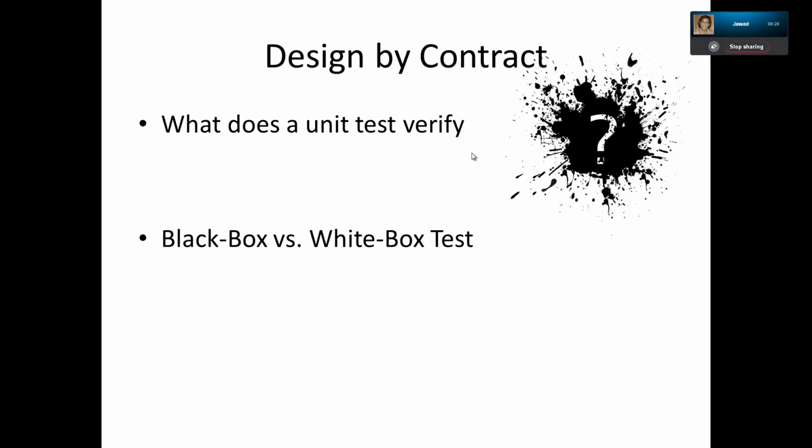So that's why we say black box versus white box test. Earlier I mentioned that in white box tests you know the source code, in black box tests you don't. And the idea of design by contract is that you don't focus on the algorithm, but you focus on the expected results. So in other words, you are trying to make sure that the contract, the agreement, is met from the outside.